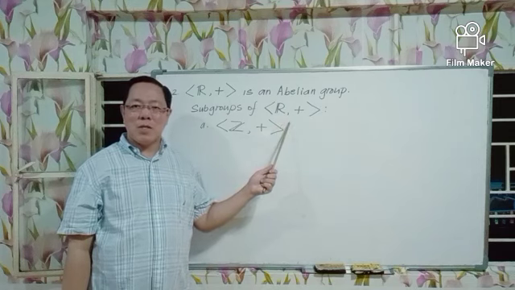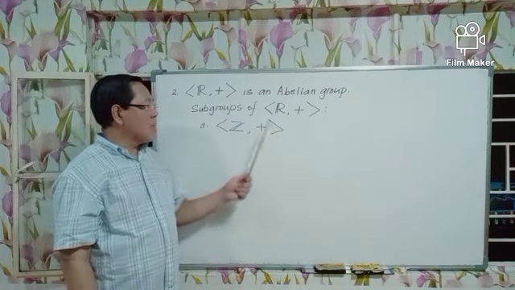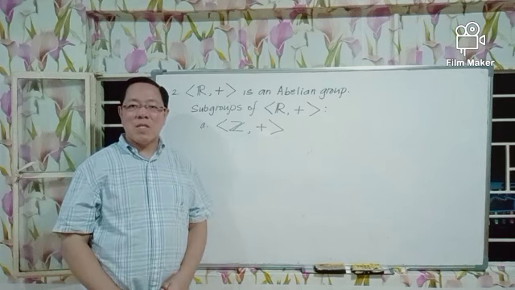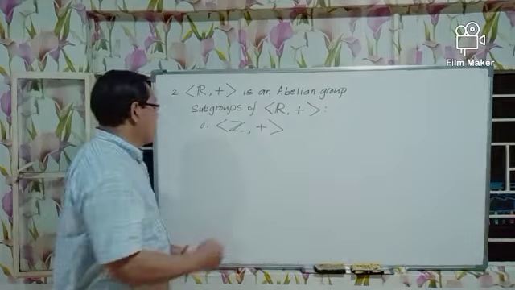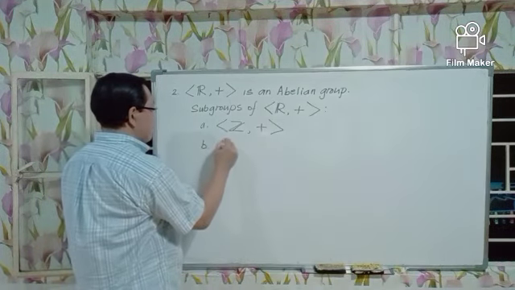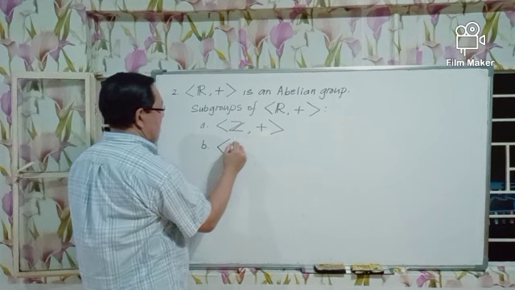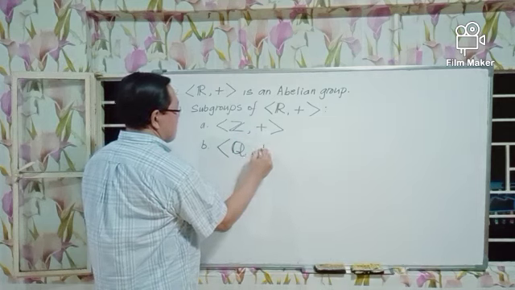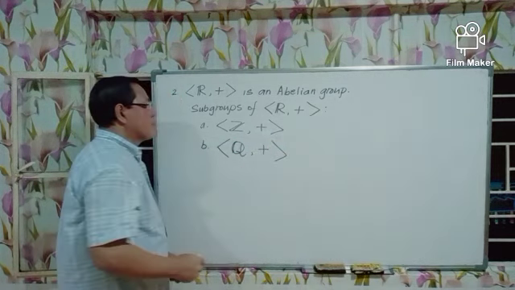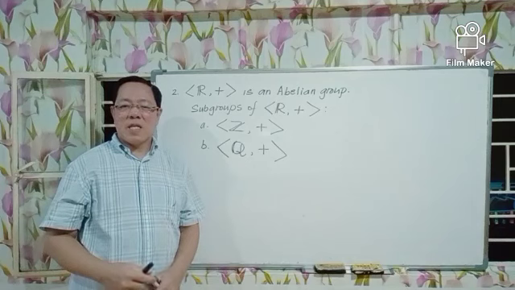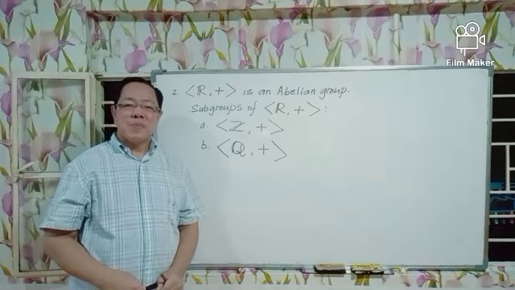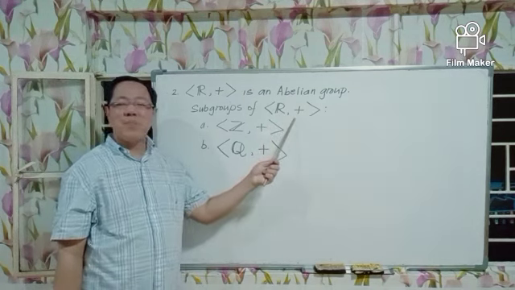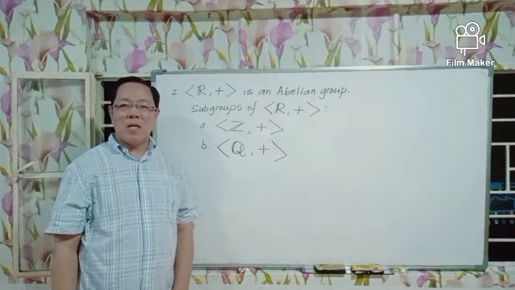Another subgroup of the set of real numbers under addition is the set of rational numbers under the binary operation addition. The set of rational numbers under the binary operation addition is another subgroup of the set of real numbers under the binary operation addition.